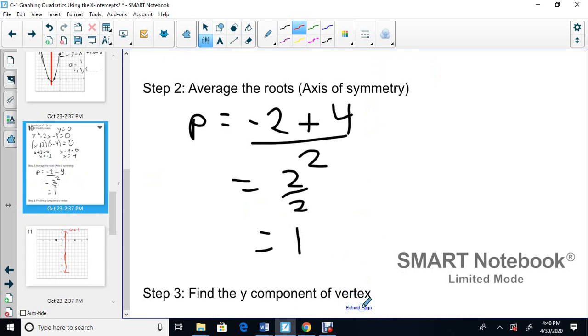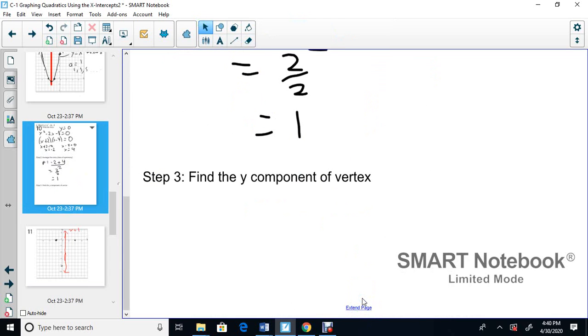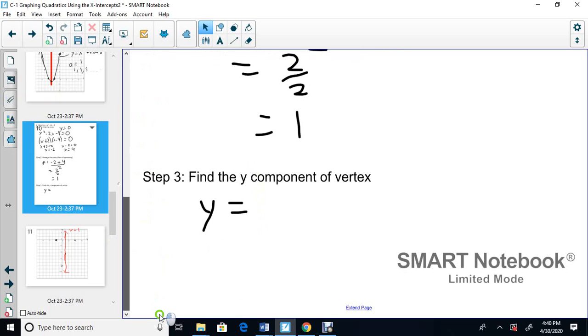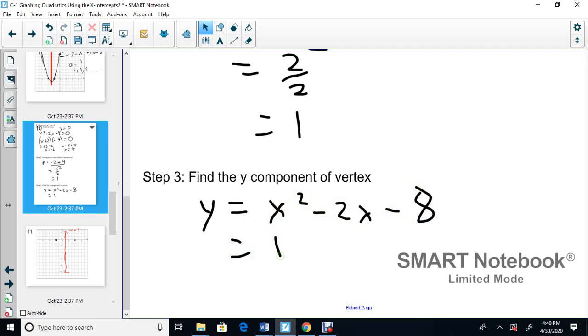Now let's go down over here and find our other component of our vertex. We're going to go y equals, and I need to know the initial equation. So I'm just going to scroll quickly up here. x squared minus 2x minus 8. I'm going to plug in 1 in here.